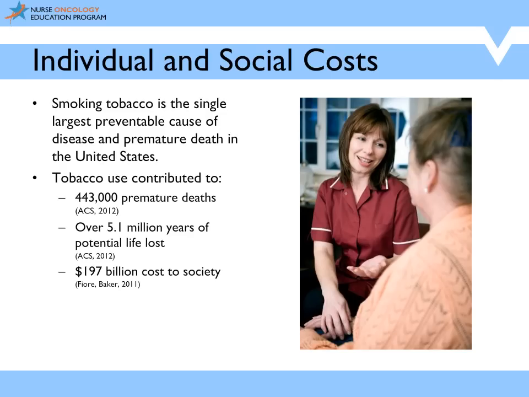This number of premature deaths and the cost of illness related to tobacco use creates a substantial economic toll to the nation. It is expressed in the number of lives lost and actual cost to society. 443,000 premature deaths represents 5.1 million years of life lost.